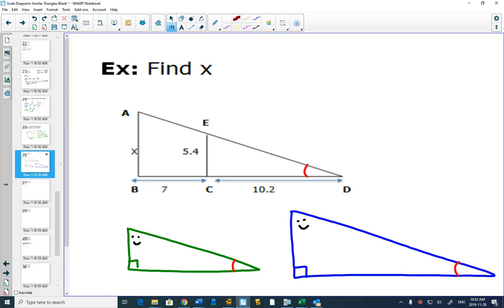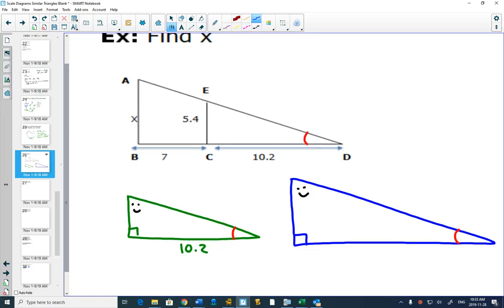Now if I label, what do I know about these triangles? I know that this length on the green one is 10.2. What is the length on the blue one? It's not super tricky.